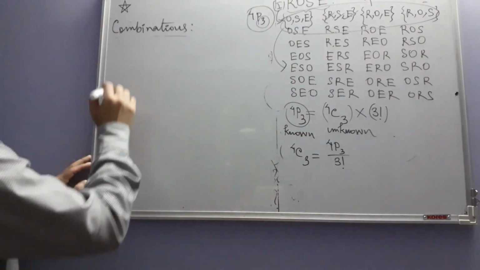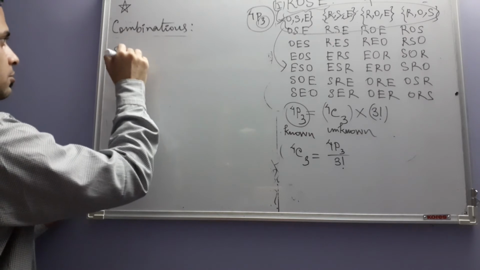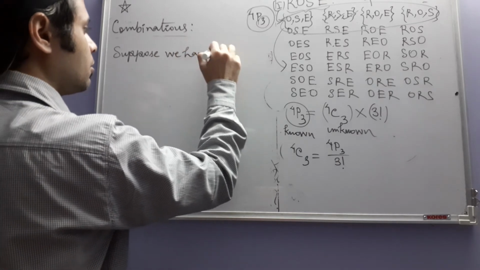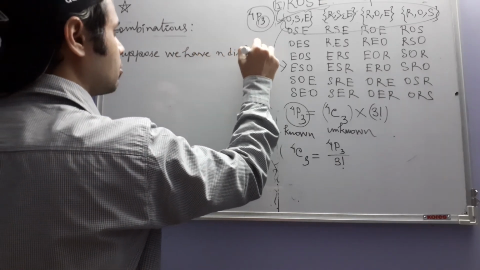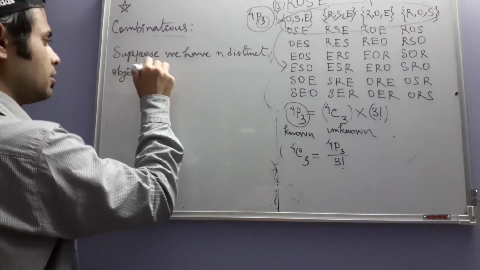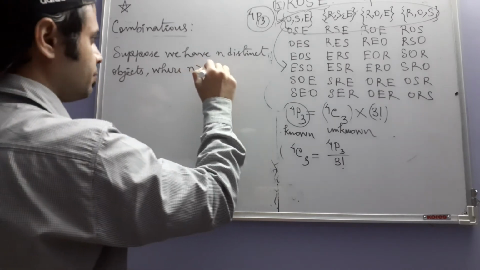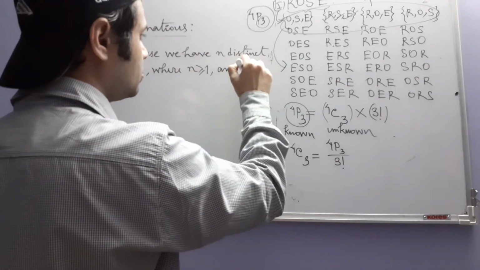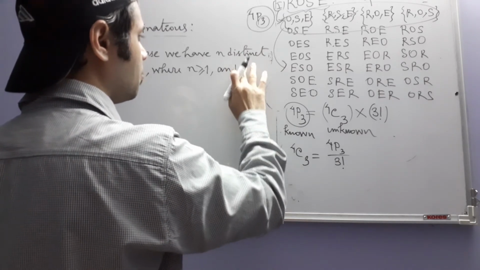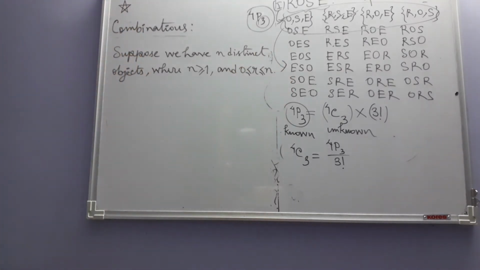Suppose we have n distinct objects, where n is a positive integer and r lies between 0 and n.